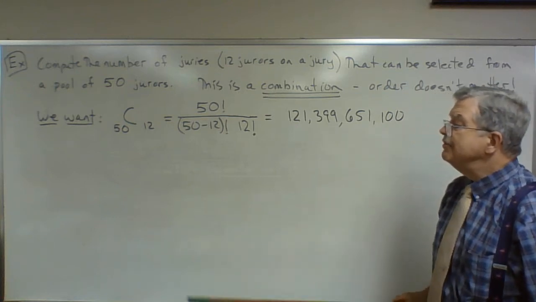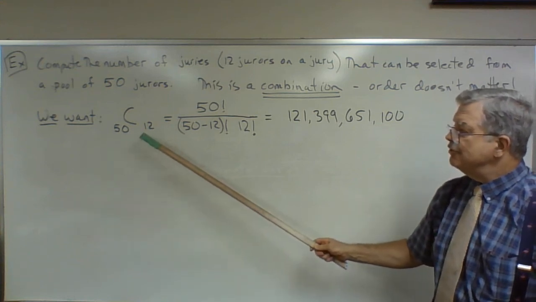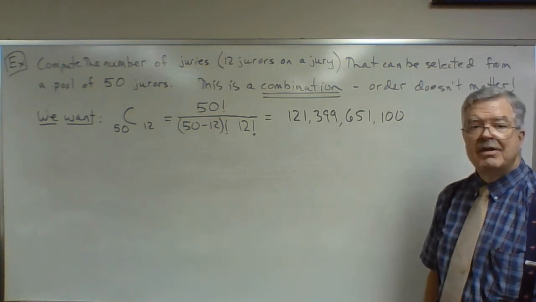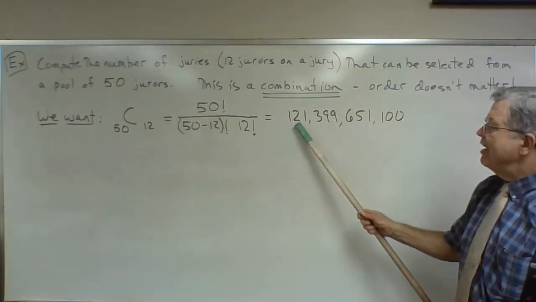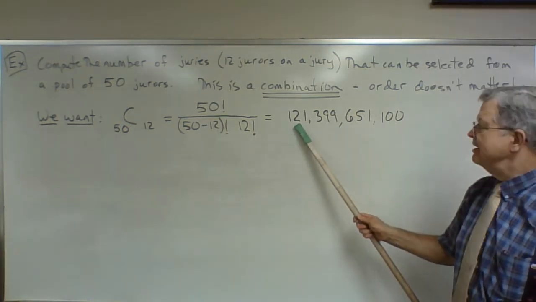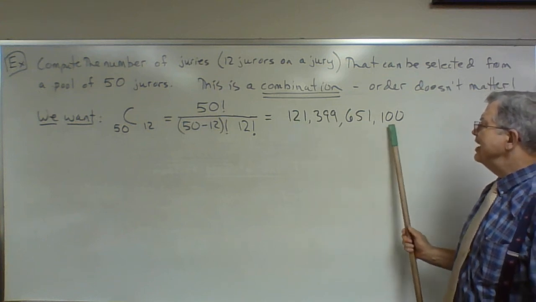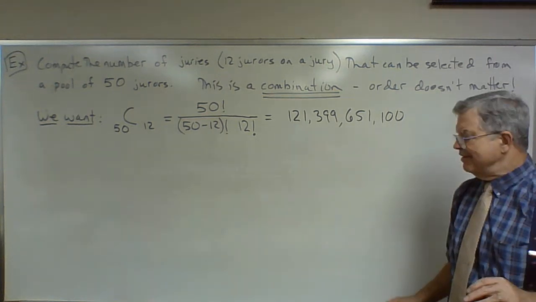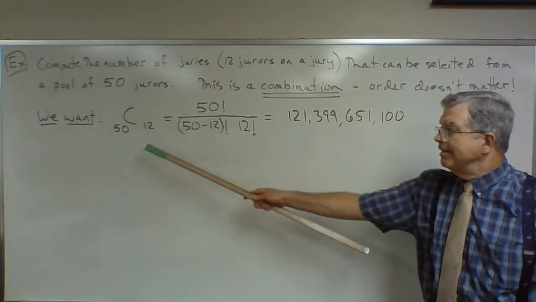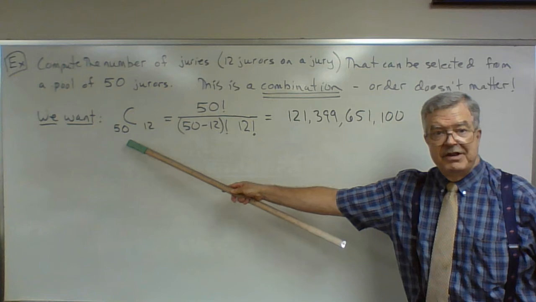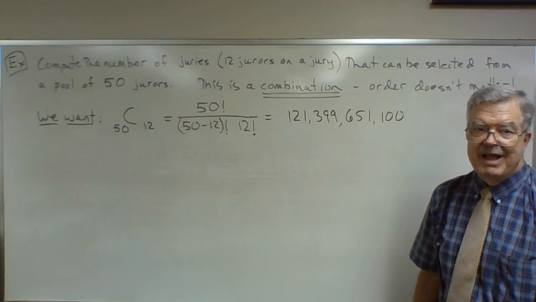From a pool of just 50 jurors, if we select 12 jurors, order of selection irrelevant, there are 121,399,651,100 different 12-juror juries that we can select from a pool of 50 jurors. Who on earth would have thought it could have been that high?